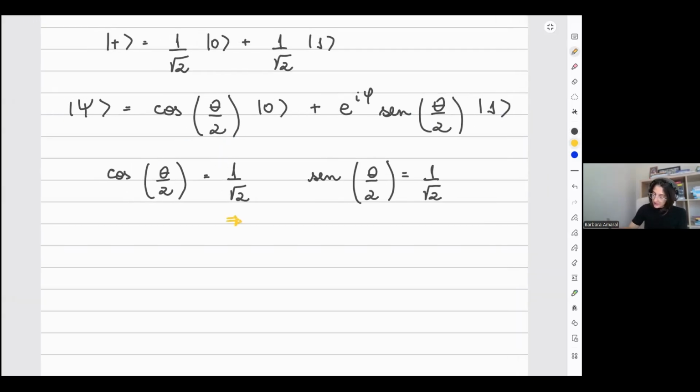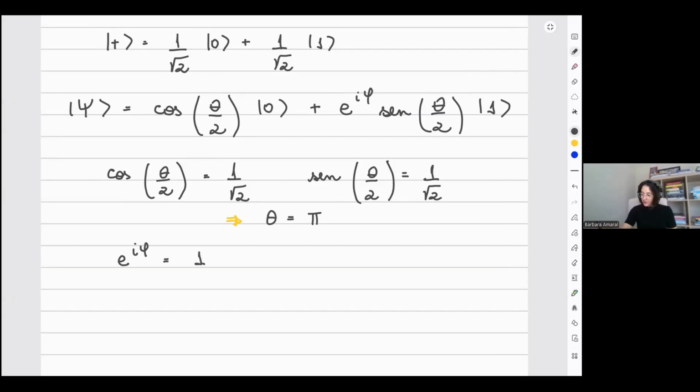This implies that theta has to be pi. And then what we have inside here is pi over 2, which is going to give 45 degrees and gives us this 1 over square root of 2. And we need that e to the i phi be equal to 1.